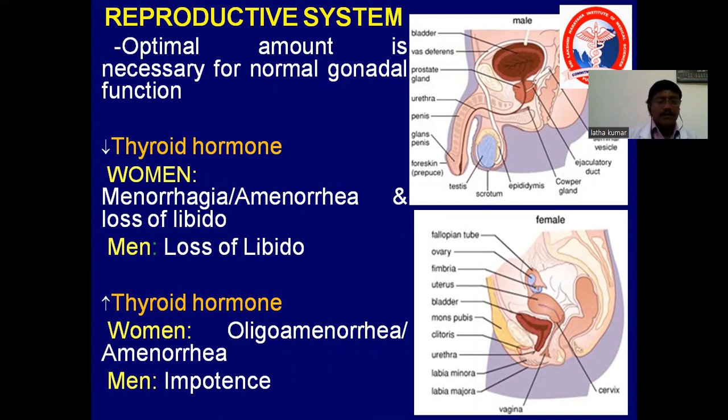Increased thyroid hormone in women leads to oligomenorrhea and amenorrhea. In men, impotence. So it is very, very, very important to maintain the normal level in our body.